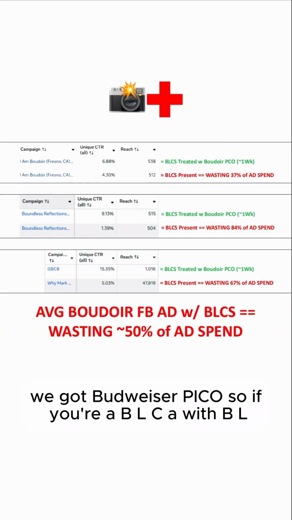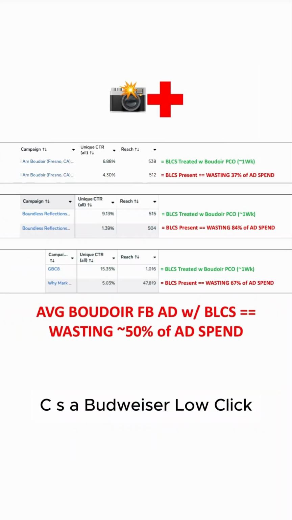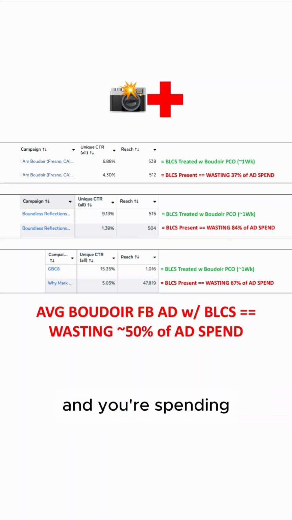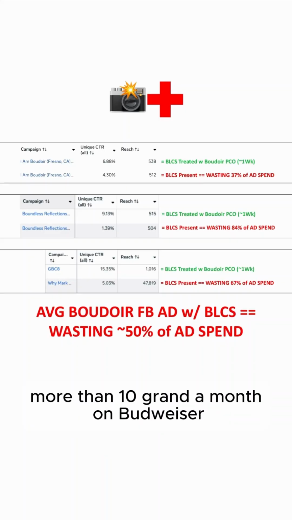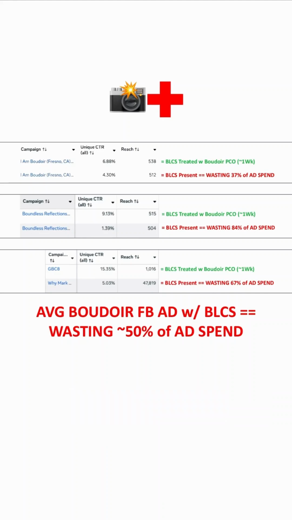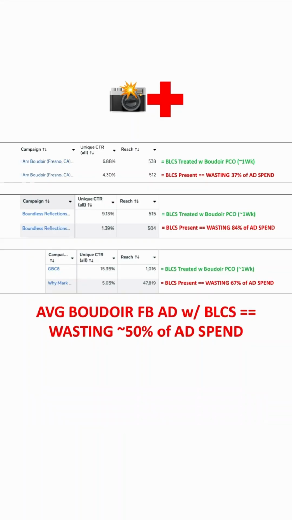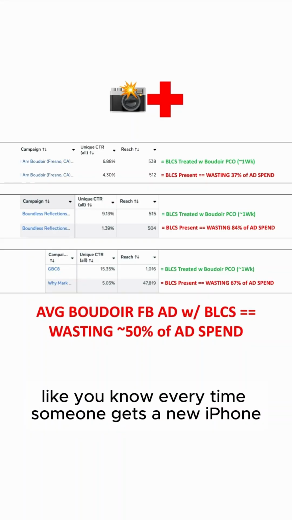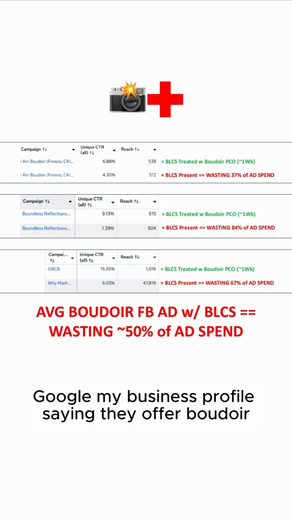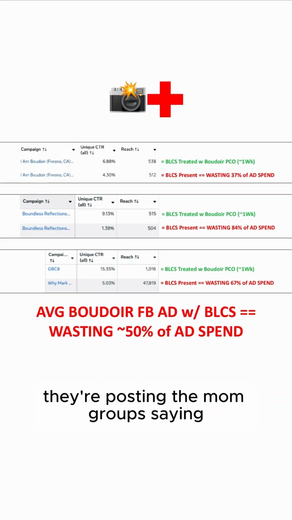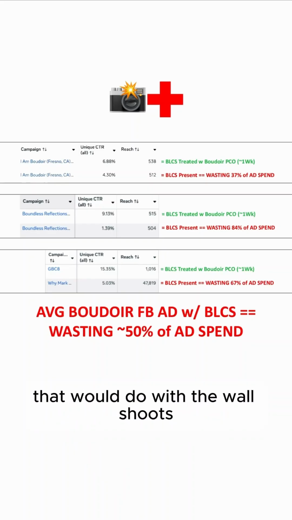So if you're a BLCA with BLCS, a Boudoir low click advertiser with Boudoir low click syndrome, and you're spending more than 10 grand a month on Boudoir Facebook ads, and you've seen how the market keeps getting more and more saturated with Boudoir photographers. Like, every time someone gets a new iPhone, they're throwing up a Google My Business profile saying they offer Boudoir, or they're posting in the mom groups, or if they get a new camera, they're posting in the mom groups saying they now do Boudoir shoots.